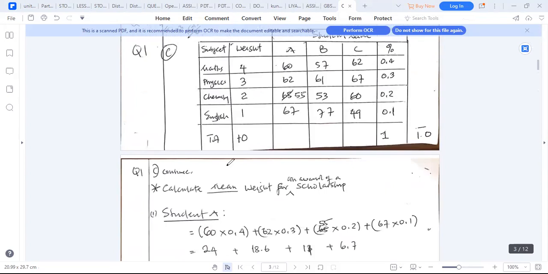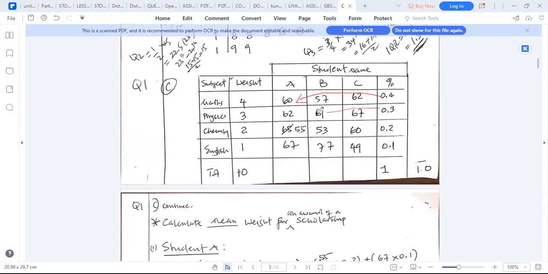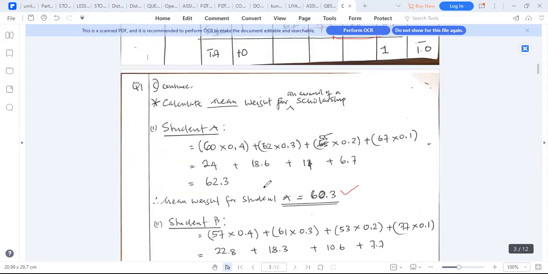So 4 divided by 10, 0.4. 3 divided by 10, 0.3. 2 divided by 10, 0.2. And 1 divided by 10. So in fact, you multiply each of these with the respective figures and sum up. And also, you multiply for student B, you multiply for student C, and this is exactly what is happening at each and every point here.